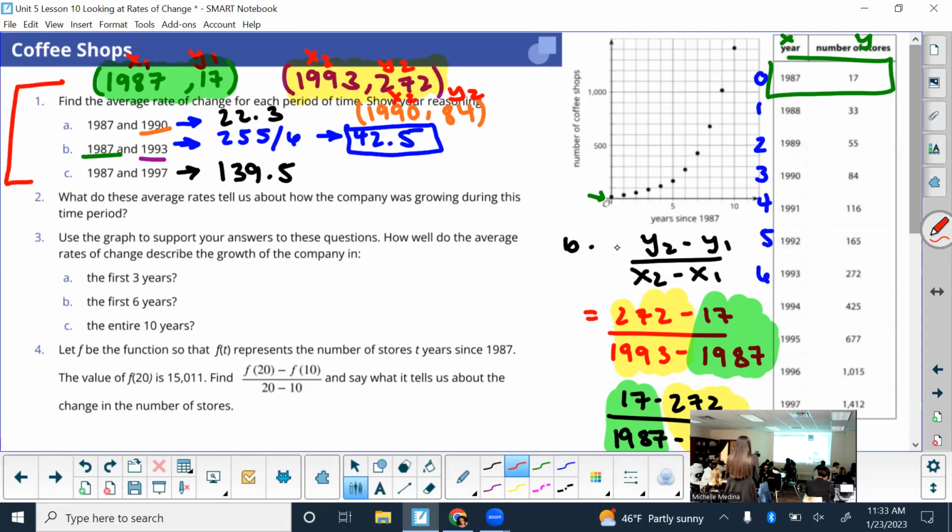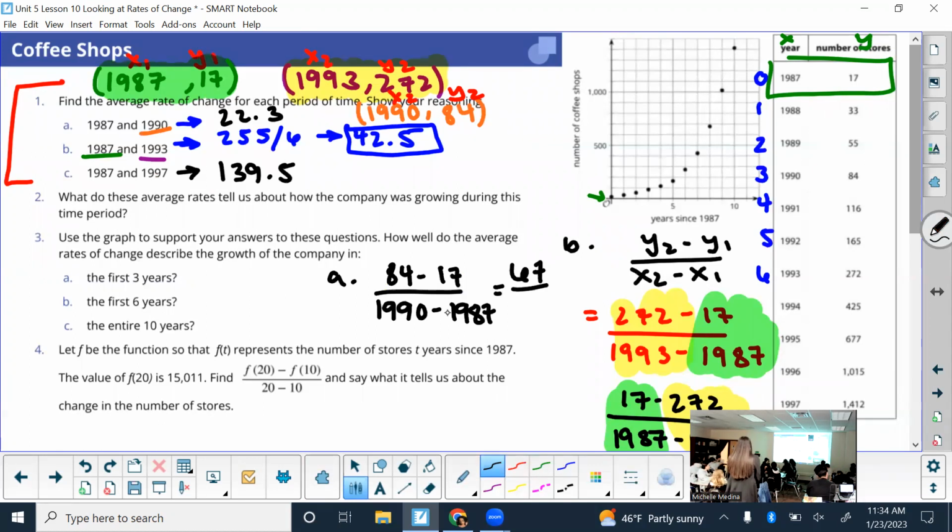Then plug it into your average rate of change formula. It would look something like this: 84, because remember we're looking at these two now, minus 17 over 1990 minus 1987. What's 84 minus 17? 67, thank you.